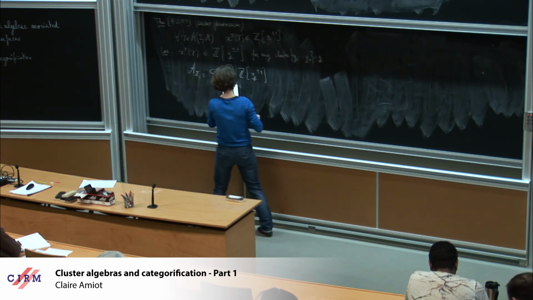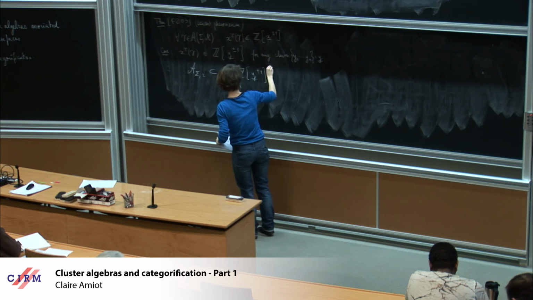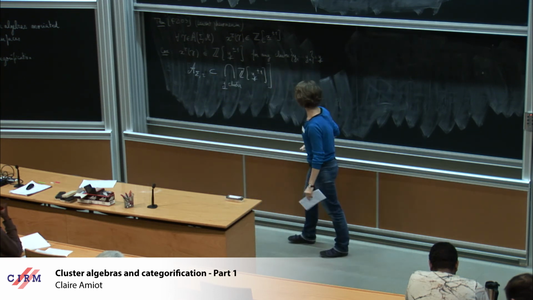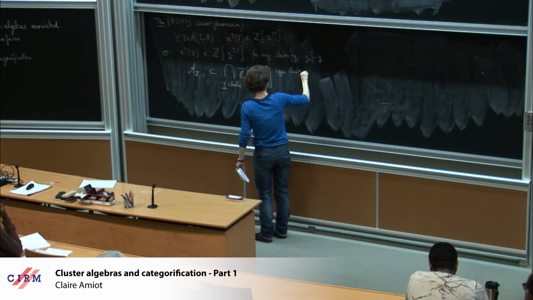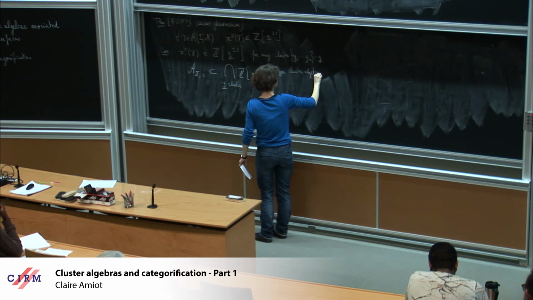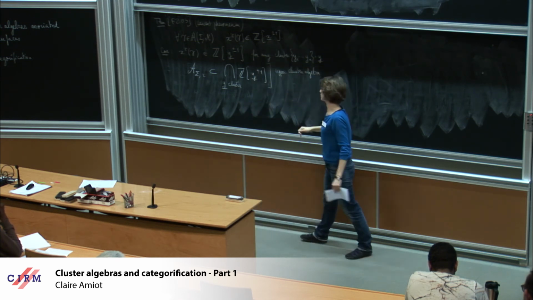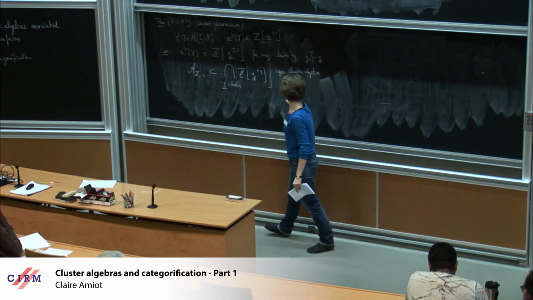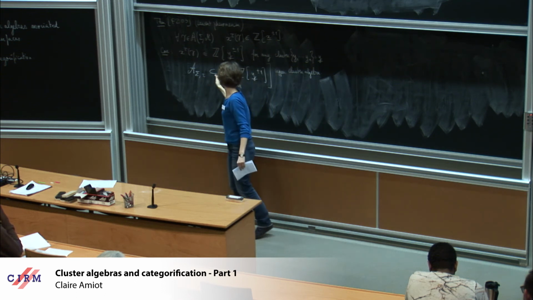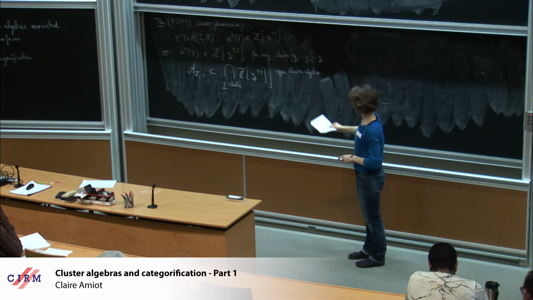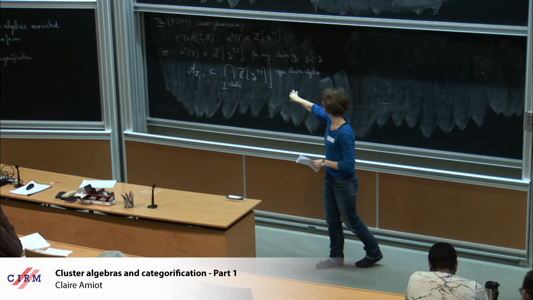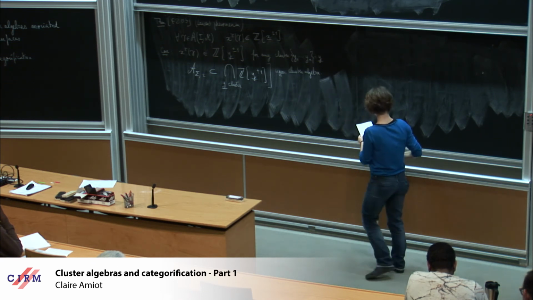This is an important set in cluster theory, called the upper cluster algebra. In some cases you have equality, in some cases you don't, and it's not an easy question to check whether you have equality or not.